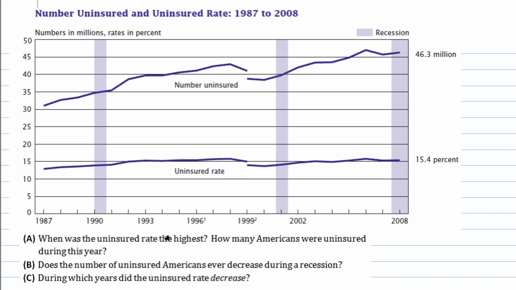Now we're going to go ahead and read a few things from this. When was the uninsured rate the highest? If you look through all this data set, there's two places where the uninsured rate looks to be the highest. This lower curve right here is the uninsured rate, and it seems to me that either here or here, they're both good candidates.